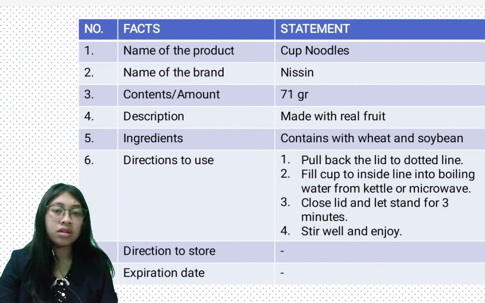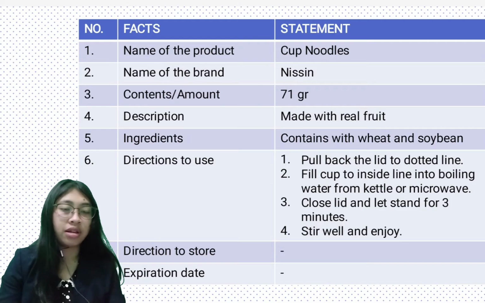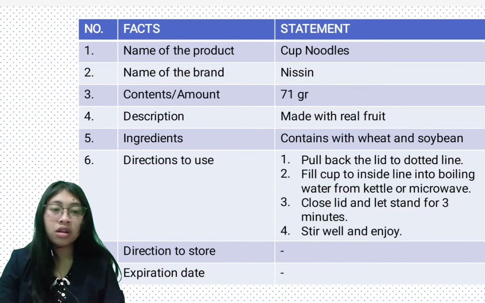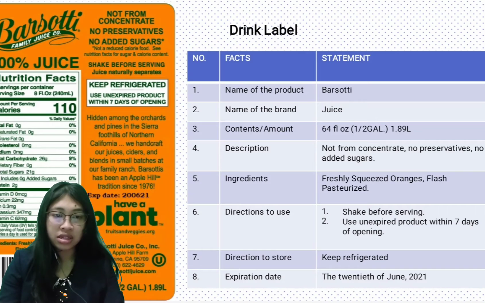Now see the facts about the drink label. You can see on the left side is the drink label, and on the right side is the statement about it. The first is the name of the product, Barsati. The name of the brand is Juice.